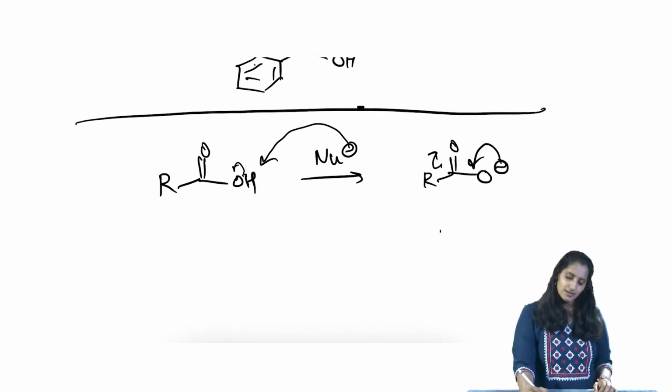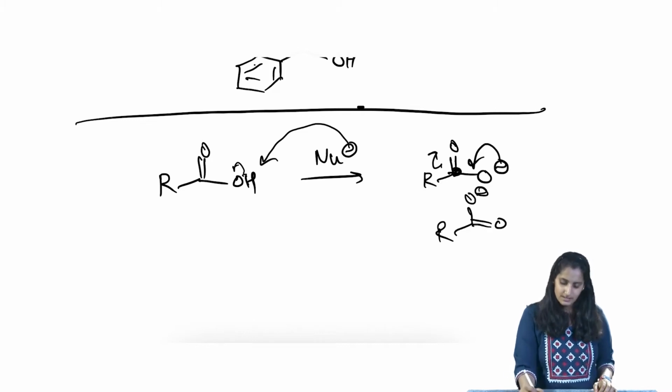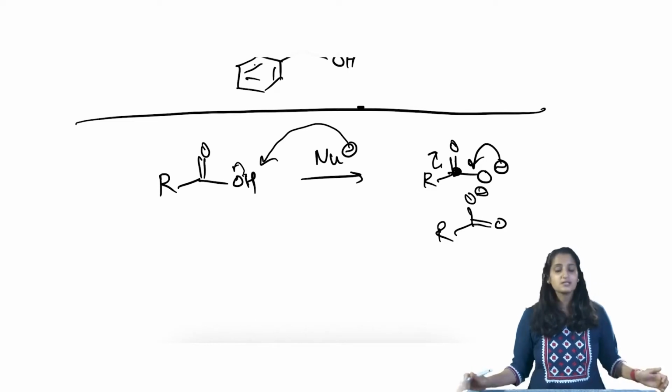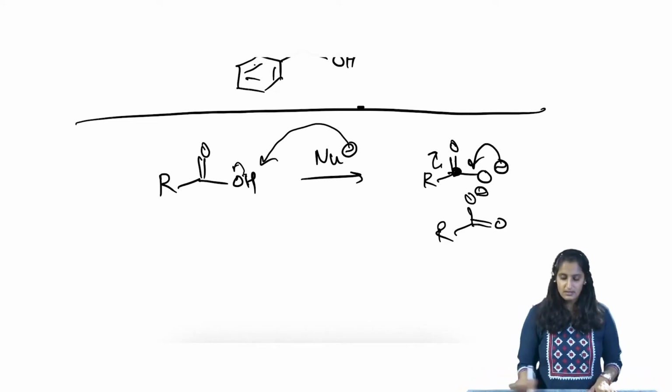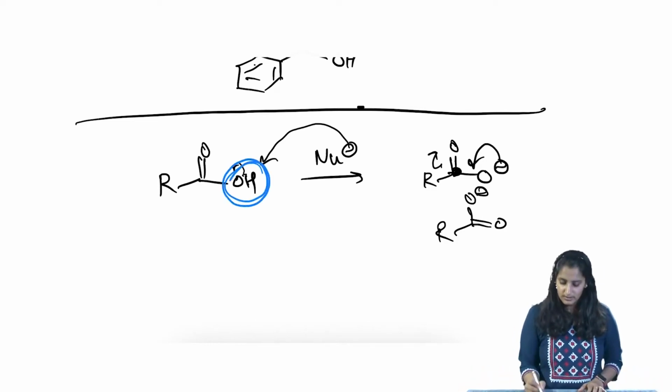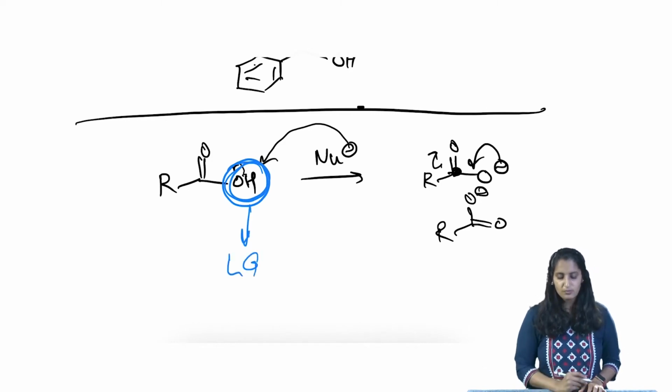Now, this conjugate base has a resonance structure, and thus this carbon has lost its electrophilicity towards the reaction, and thus we need to convert this OH into a much better leaving group, and that is where the chlorides and anhydrides come into the picture. Wonderful. Now, how do we do that?